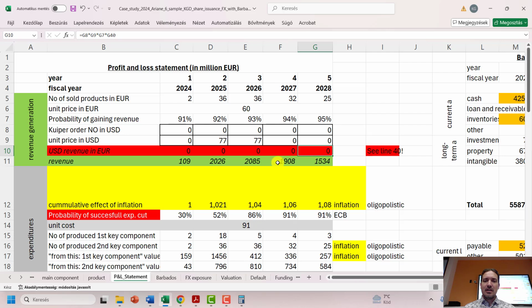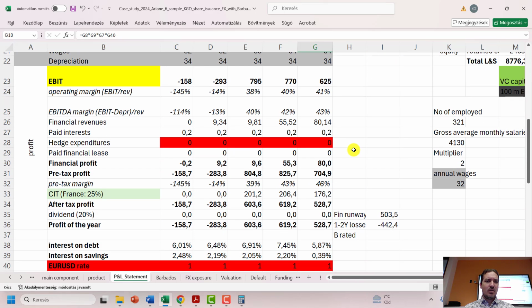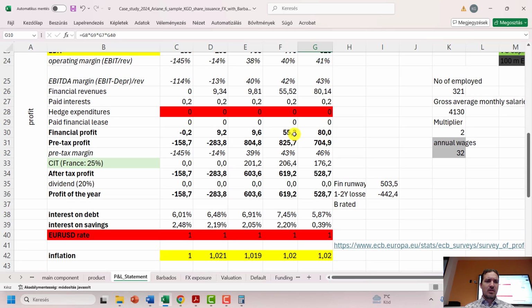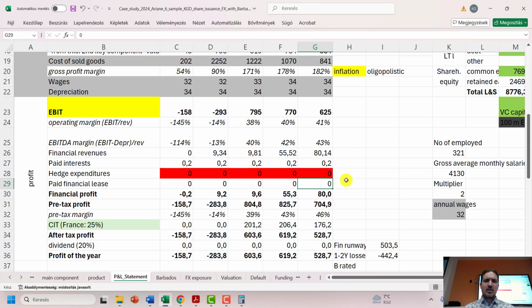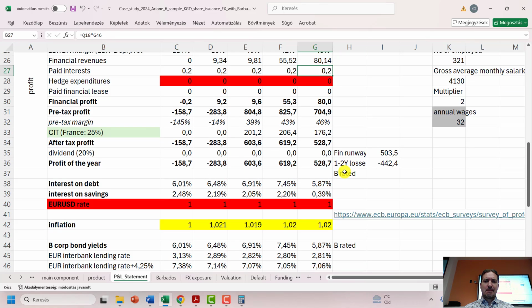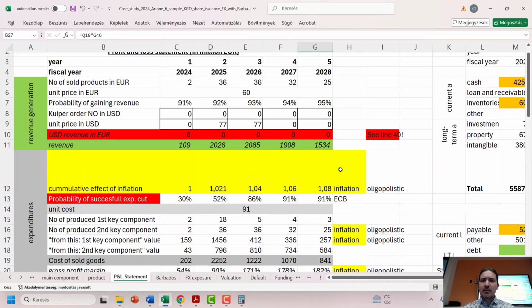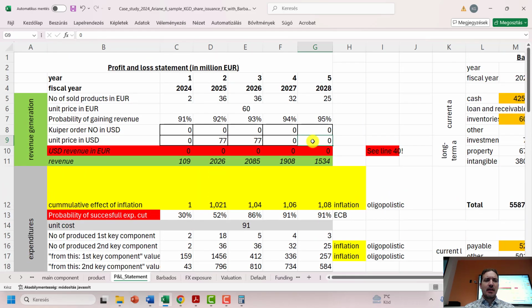Okay, maybe this is the easiest way. US dollar revenue in euro. To utilize this one, or large expenditures, paid financial lease. Or should I increase this one? Maybe this is better here.